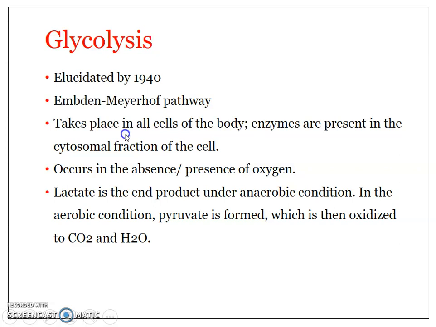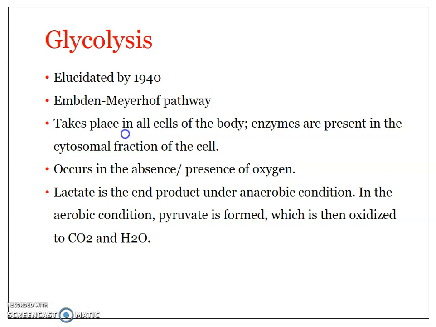So glycolysis involves a sequence of reactions that will break down a single molecule of glucose into two molecules of pyruvic acid along with the production of ATP. Glycolysis is unique because it can happen in both the presence or absence of oxygen.